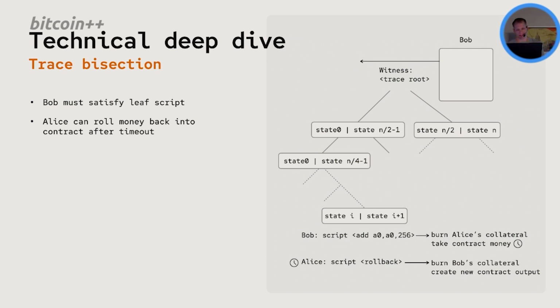And if he can't do it, then after a time lock, Alice can roll back the whole output into the contract output again. So Alice can't take the money here because she's just challenging him. She's rolling back the contract to before Bob was trying to claim the money, and also burning Bob's collateral in the process.